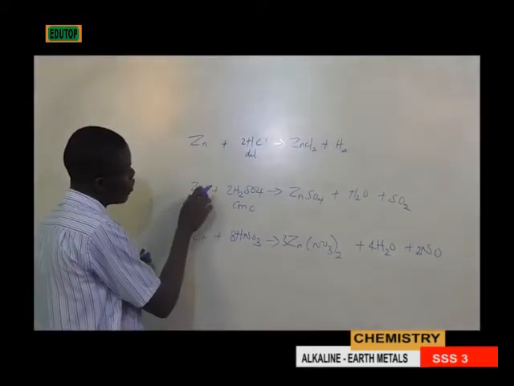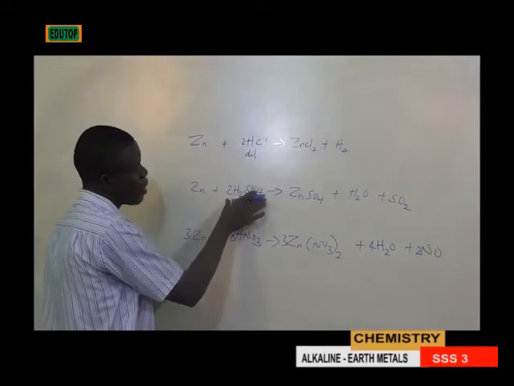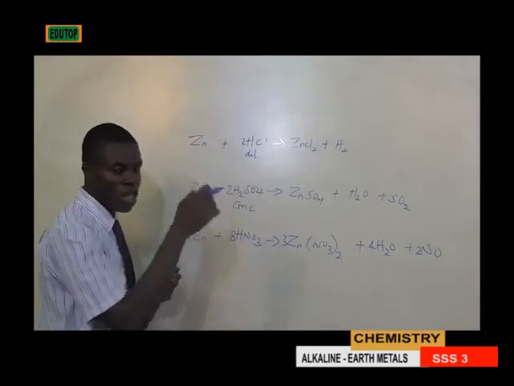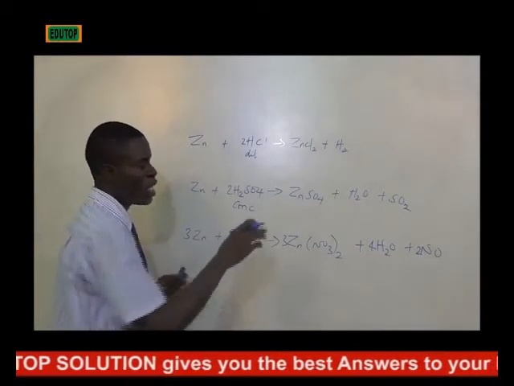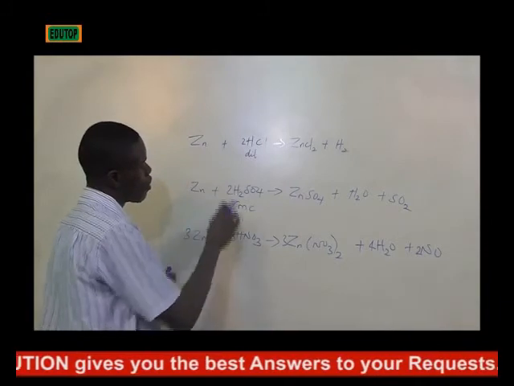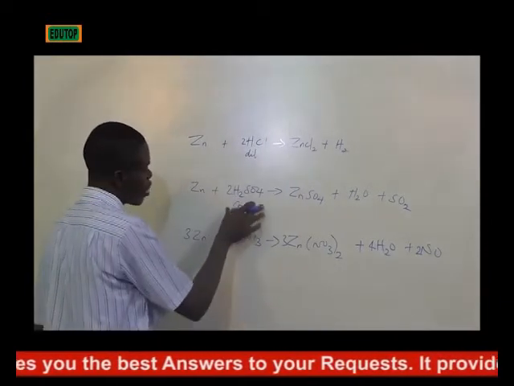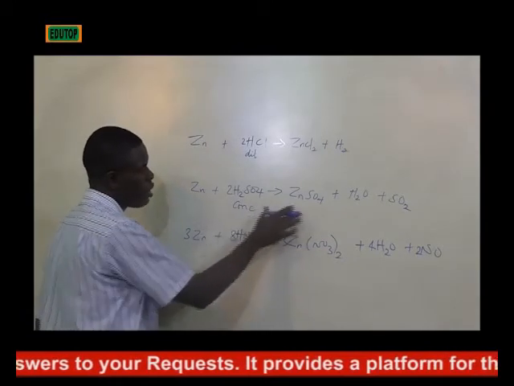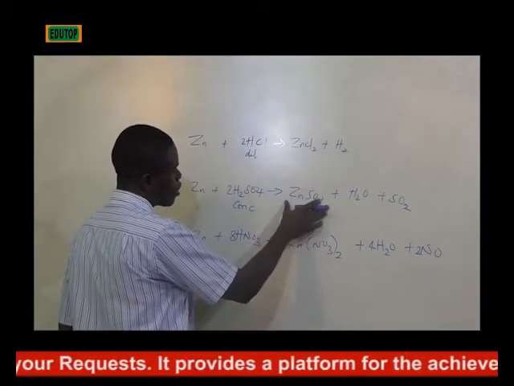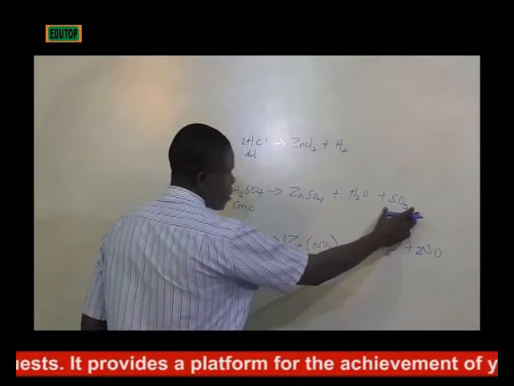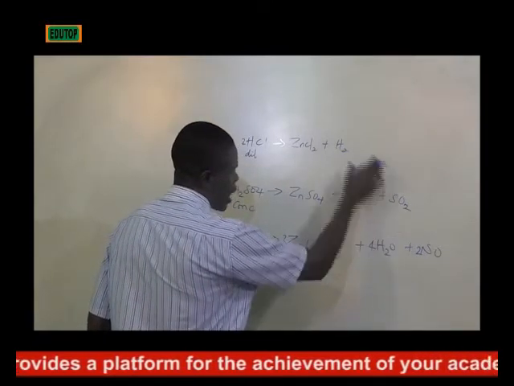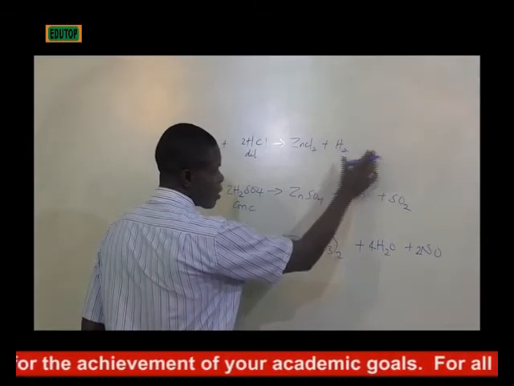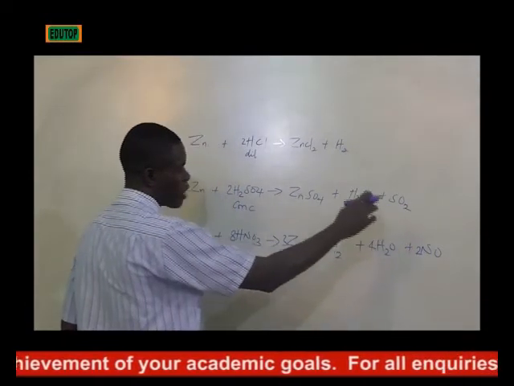In the case of the reaction of zinc with tetraoxosulfate 6 acid, it is the concentrated form, because it does not react with the dilute form because of the position of hydrogen in the electrochemical series. So it reacts with the concentrated form to give zinc sulfate, water, and sulfur 4 oxide. Here you have hydrogen gas, while here you have sulfur 4 oxide gas.